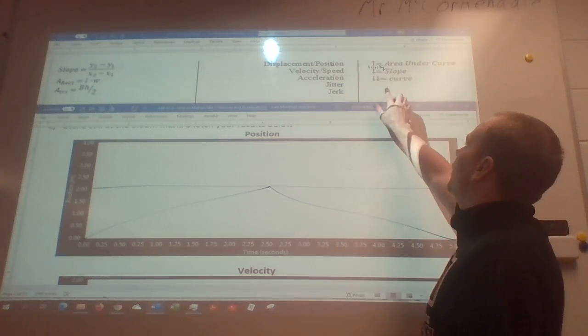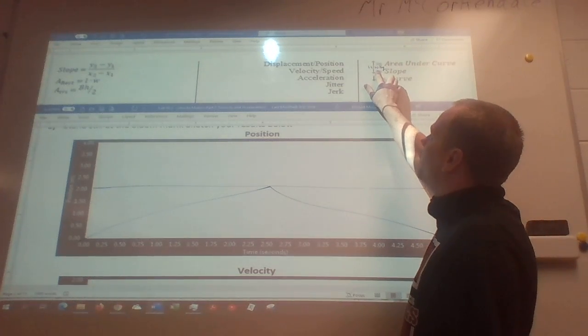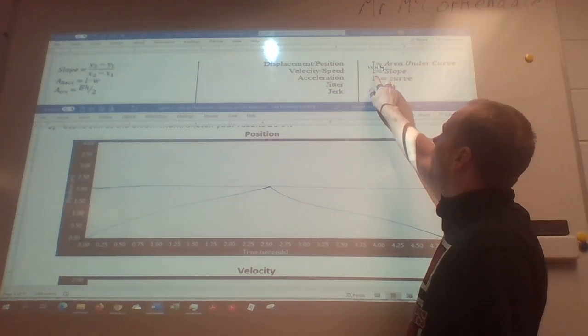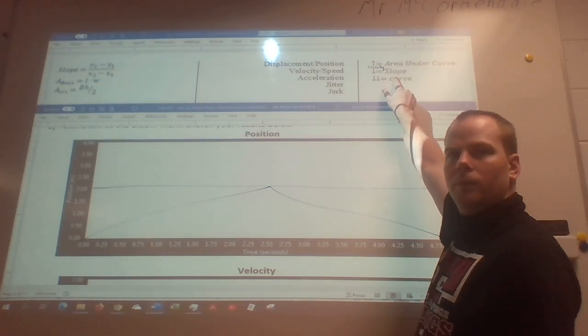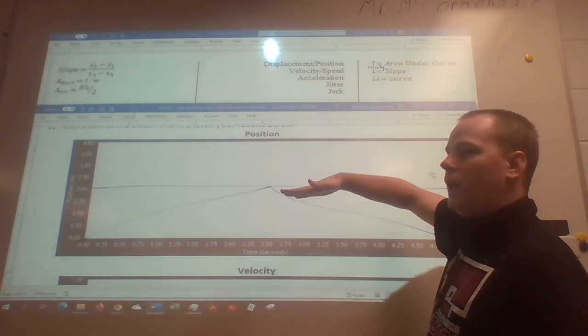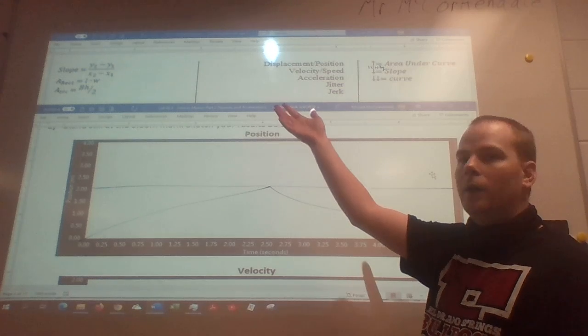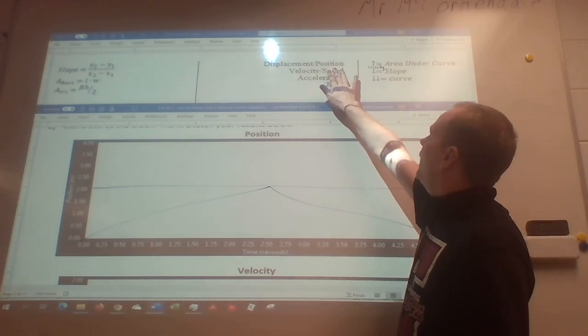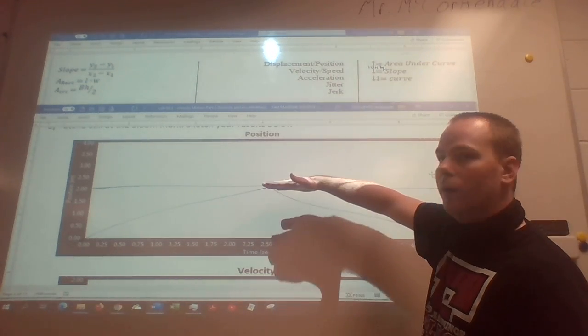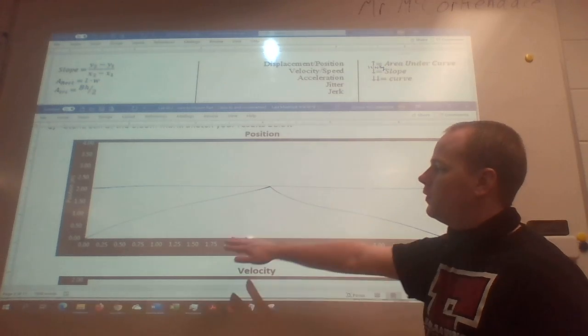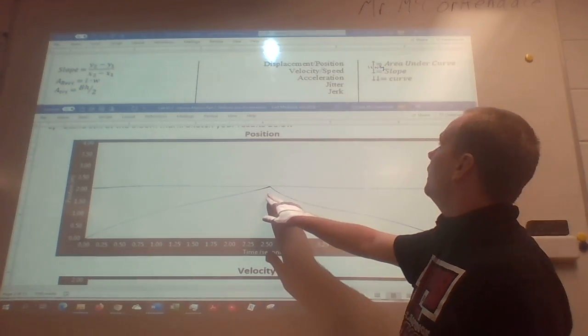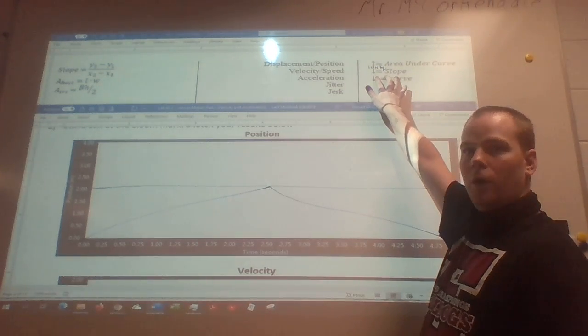If we are trying to determine the next most complicated thing, the thing below it, we would calculate the slope. So if we have a horizontal line, the slope is 0, then the velocity is constant. If we have a horizontal line on a position time graph, it means the velocity is 0. But if it's actually sloped, then we can calculate the velocity by calculating the slope.